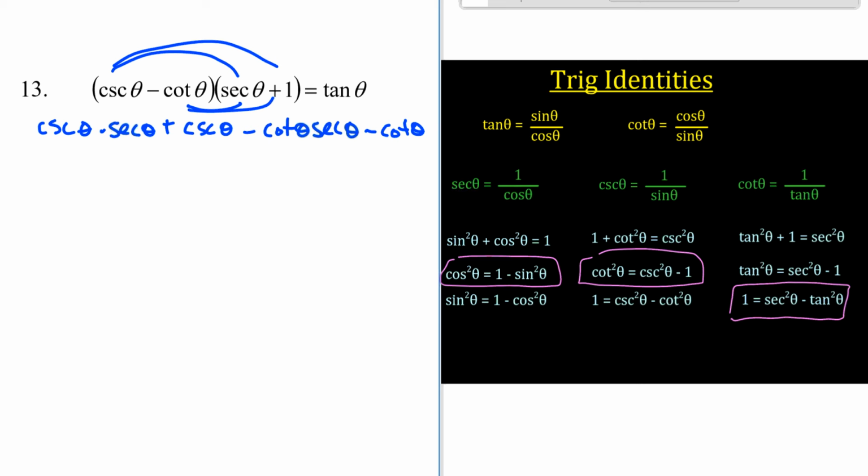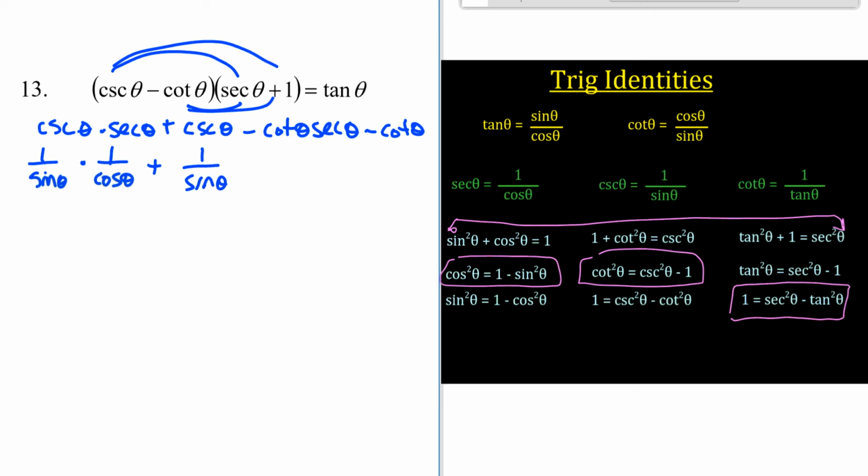So I don't see anything that would tell me that we're working in the bottom part of this, because I see no squareds happening right now. So I'm going to convert everything that we have to sines and cosines. Cosecant times secant, well, that's going to be 1 over sine of theta times 1 over cosine of theta, plus cosecant theta is 1 over sine of theta.